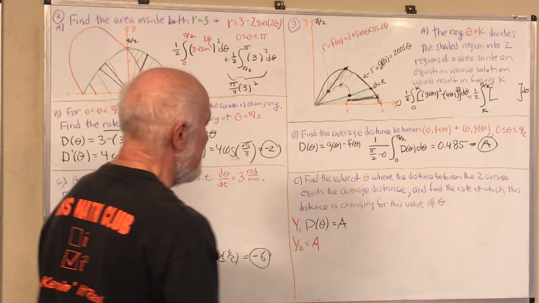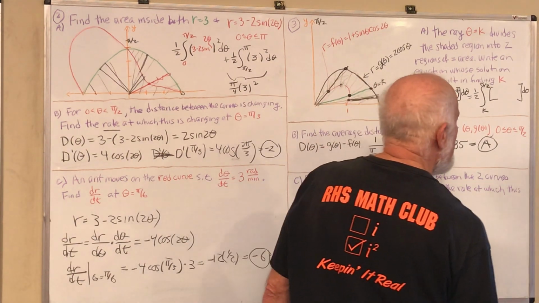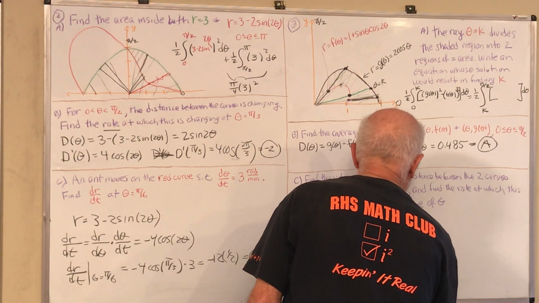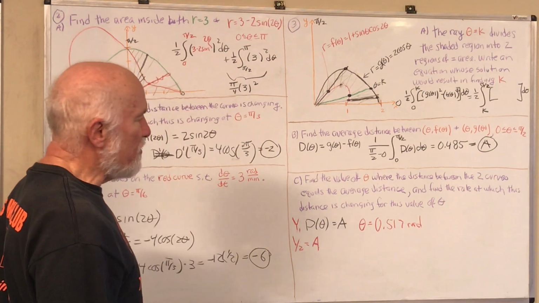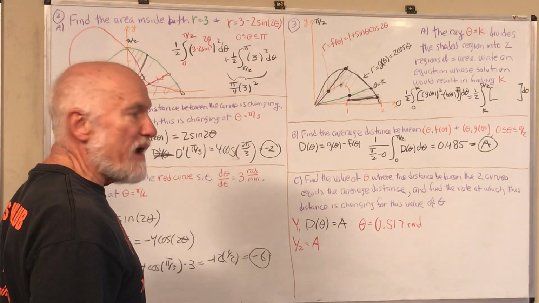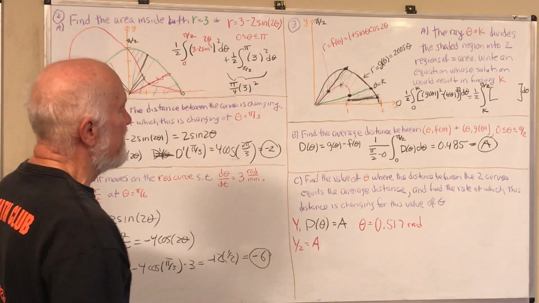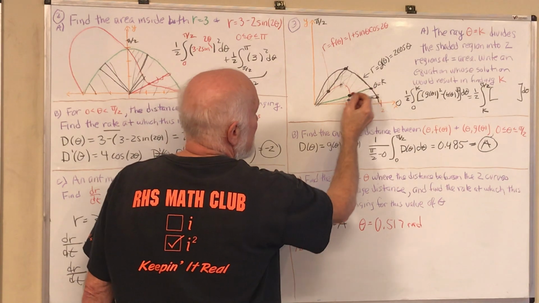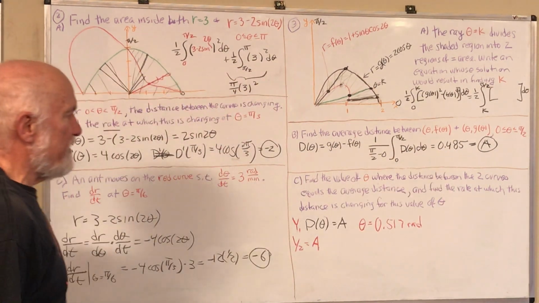And when you do it, you're going to get a value of theta. And it turns out to be 0.517 radians, which is about a half a radian, about pi over 6, so you're close to 30 degrees. So somewhere around 30 degrees here, the distance here is equal to this average distance of 0.485.